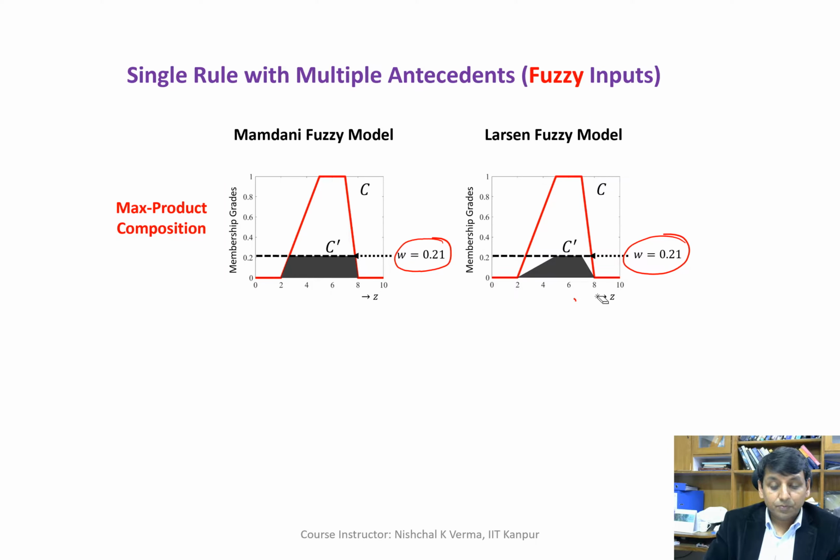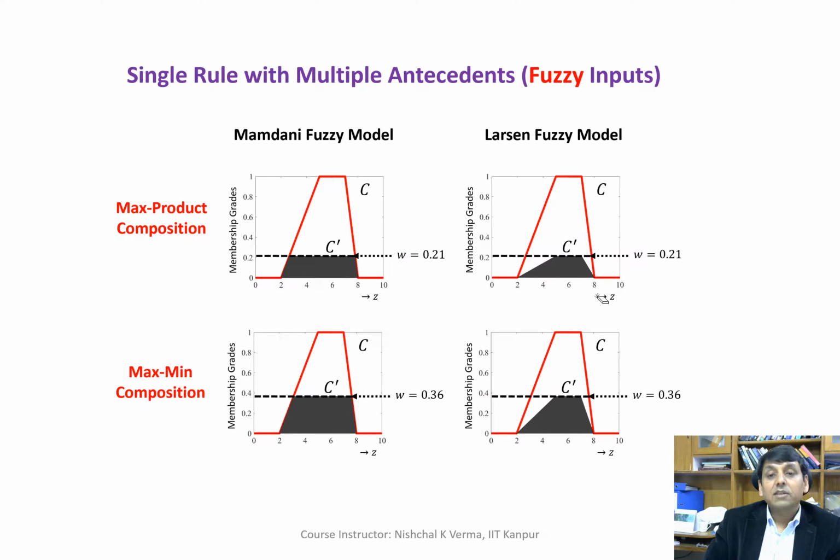Alright, so now let us compare the Larsen fuzzy model output again in the case of max min composition. So we have two compositions that we have used here. Since we have multiple antecedents, and in our case we have two antecedents, max product and max min will make the difference.